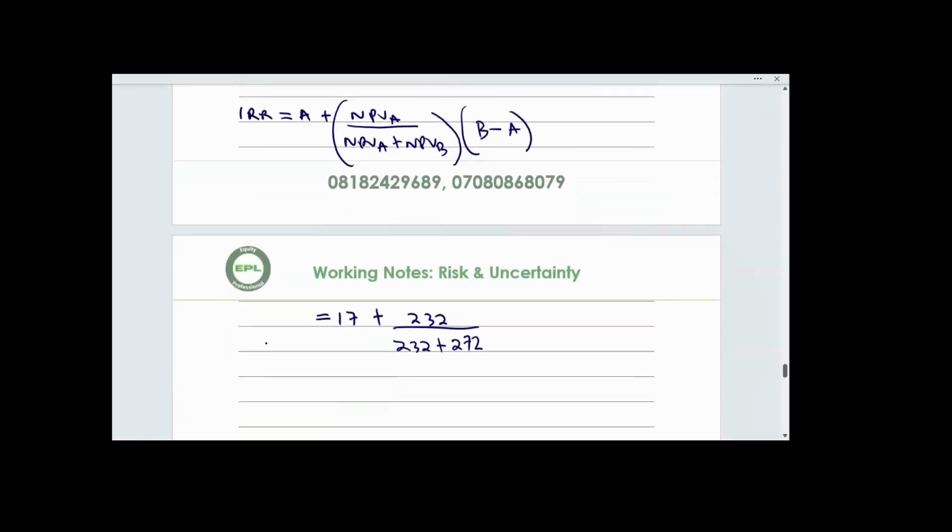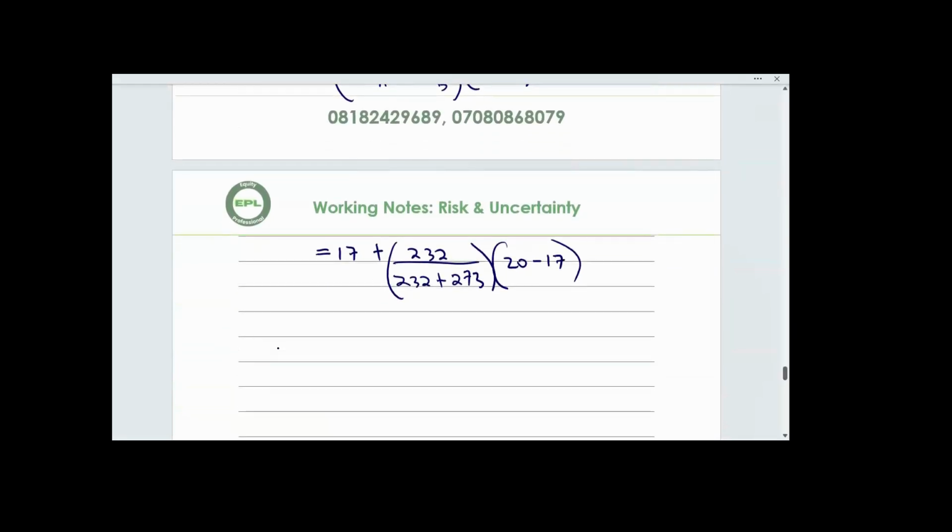So 273 multiplied by higher of 20 minus lower of 17%. So final answer, what do you have? 232 divided by 505, is it 505? Yes. Divided by 505, multiplied by 3, equal, plus 17, equal.